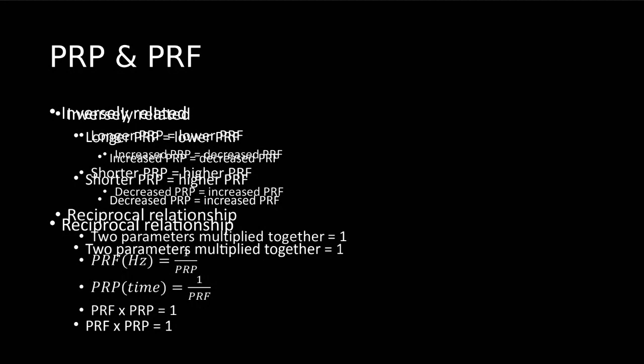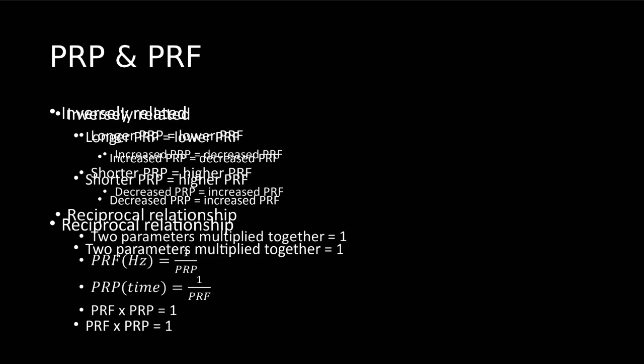Okay, so we have talked about PRP and we talked about PRF, right? How are the two working together? What do we prefer? How do we calculate the two? Does one have a factor on the other? Well, they're going to be inversely related to each other.